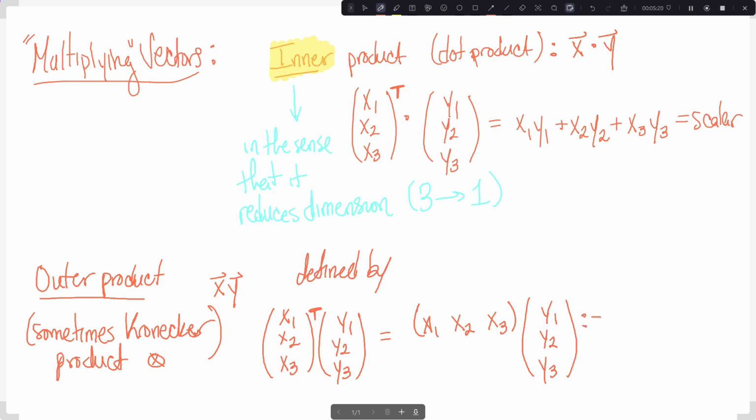Well, anyway, this gets defined by, we actually produce a matrix, x1 y1, x2 y1, x3 y1, x1 y2, x2 y2, x3 y2, x1 y3, x2 y3, x3 y3.